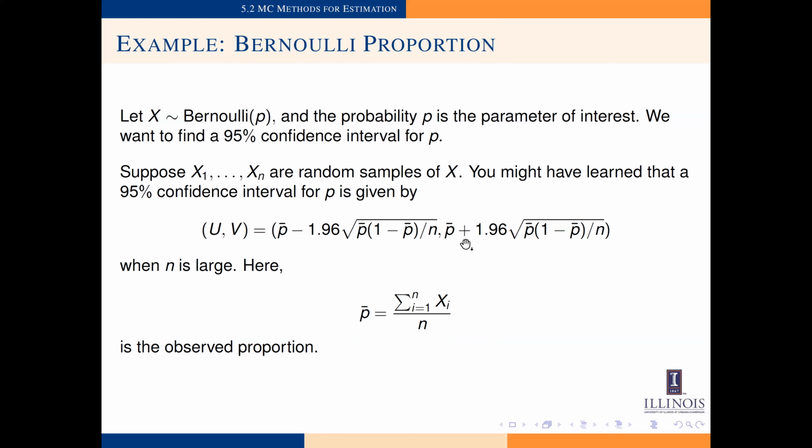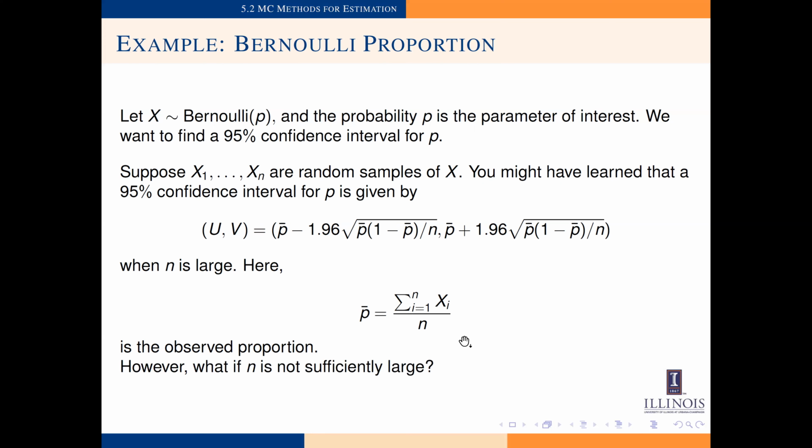So this confidence interval works when our sample size n is large. This is essentially again applying the central limit theorem. And by the way, here p bar is the estimated sample proportion, or the observed proportion of ones in our data. That's given by the sum from 1 to n of the xi's, where xi is either 1 or 0, divided by n, so the observed proportion.